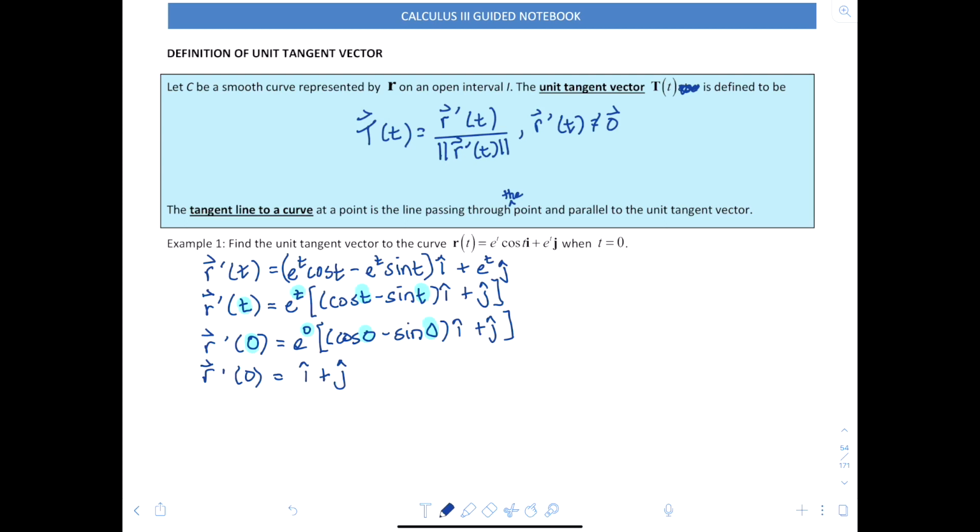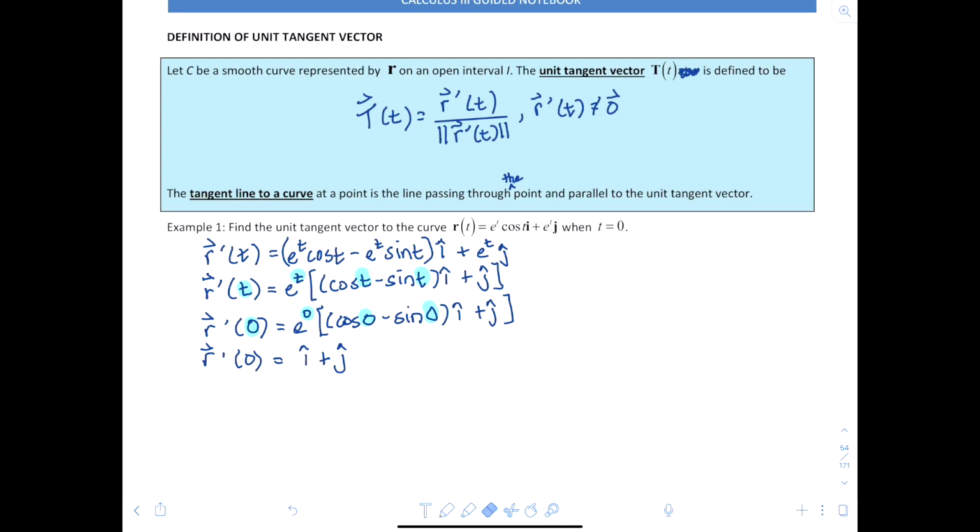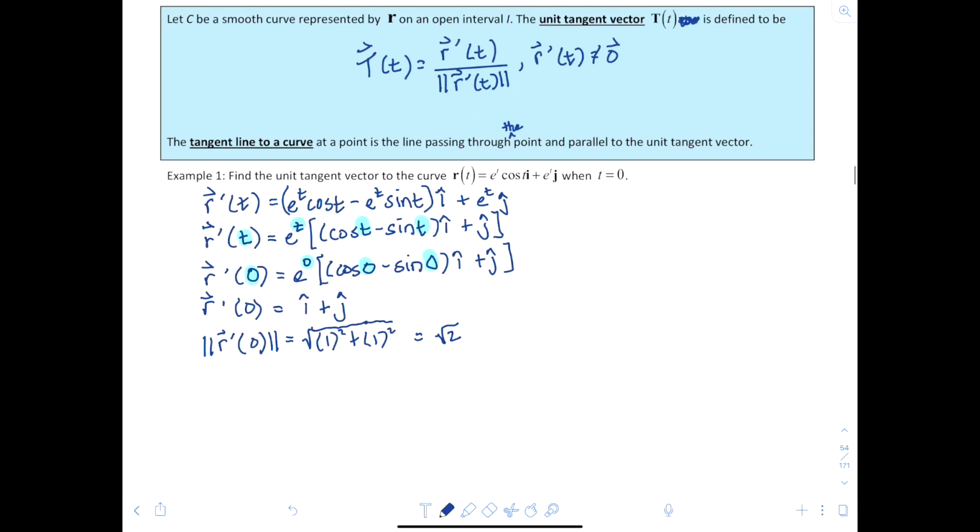Groovy? All right, so now we found r prime, and so we need to find the magnitude of r prime at 0. The magnitude is going to be the square root of 1 squared plus 1 squared, right? Because those were our coefficients to the i and j. And that's just going to equal the square root of 2. Cool so far? And so what did we find?